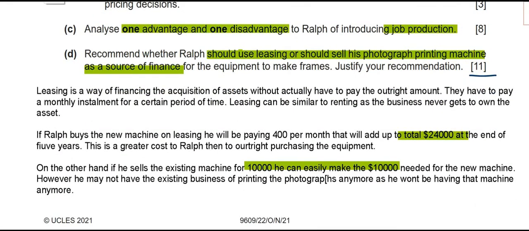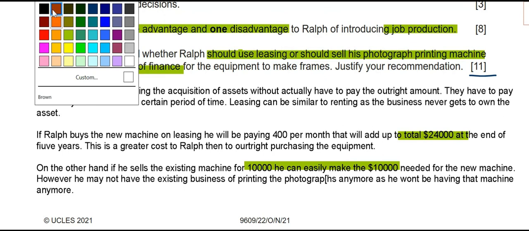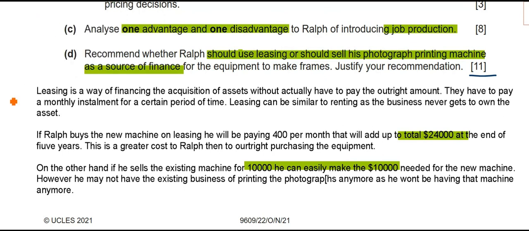So we can conclude with our recommendation that we recommend him to sell his original machine and then purchase the new machine using the money that he obtains, rather than leasing the equipment, because leasing will be more costly for him in terms of the money that he'll be spending over the number of years in future.